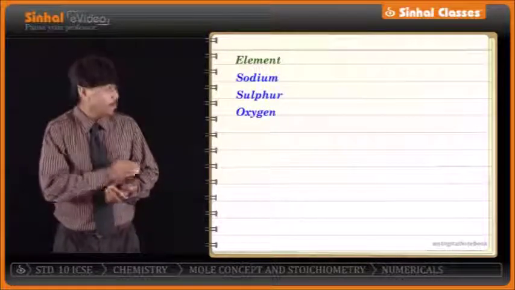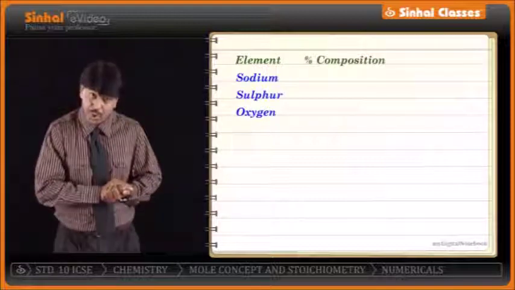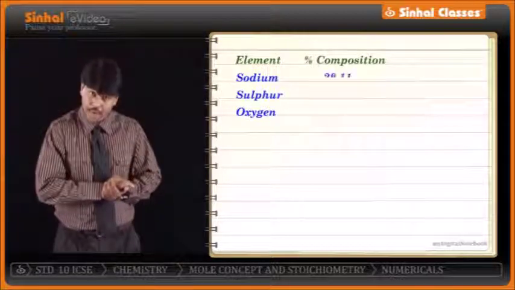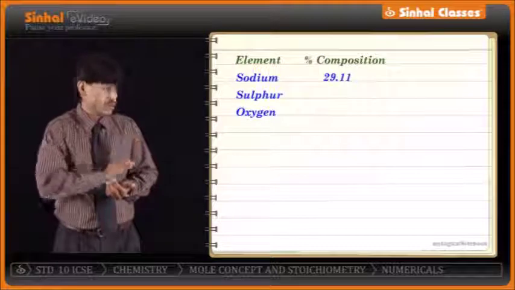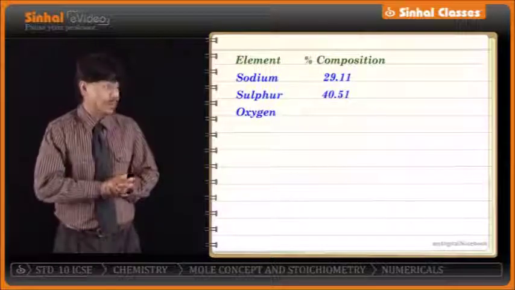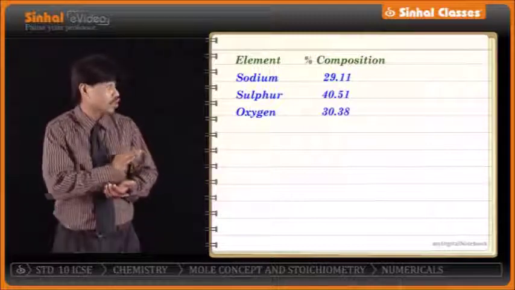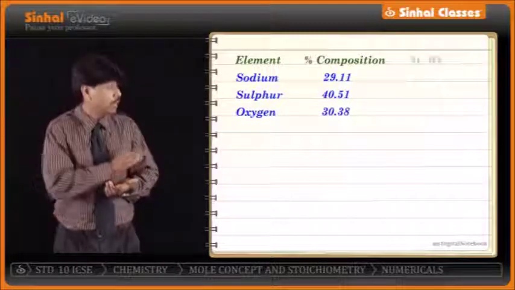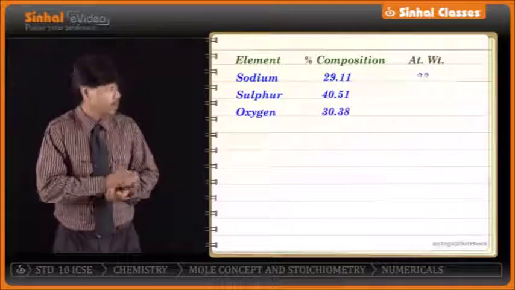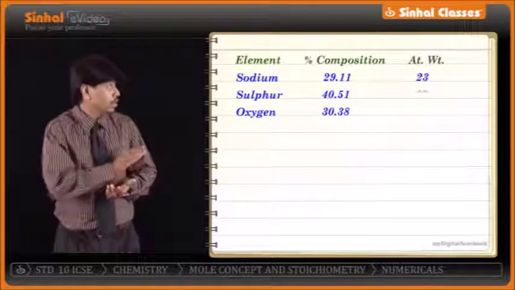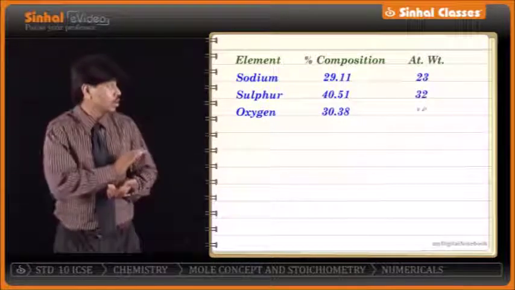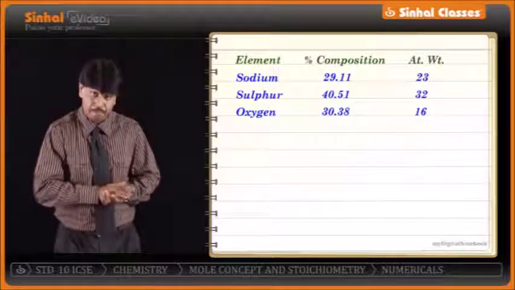The second column will be percentage composition, given to us 29.11% for sodium, 40.51% for sulfur, 30.38% for oxygen. The third column will be atomic weight. Sodium weight is 23, sulfur 32, oxygen 16.